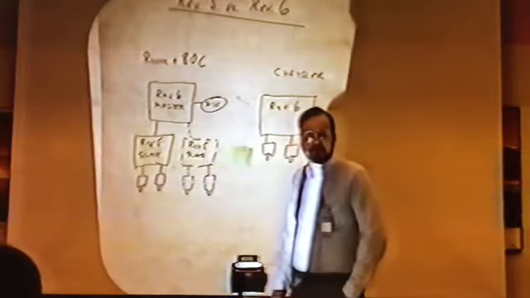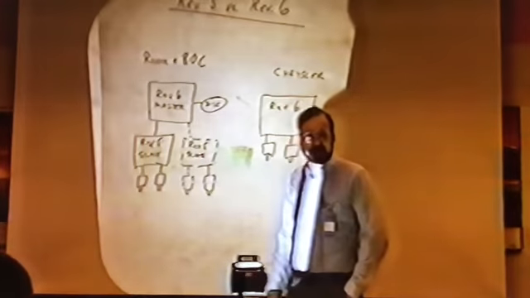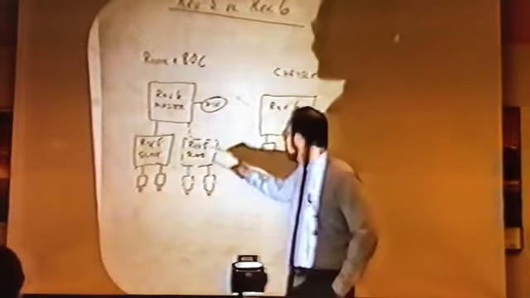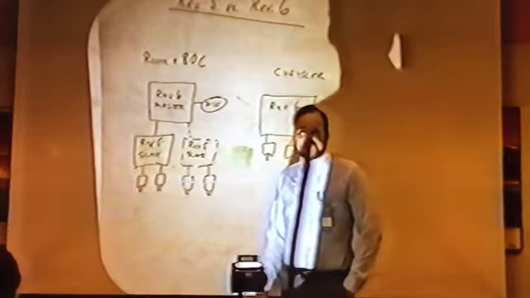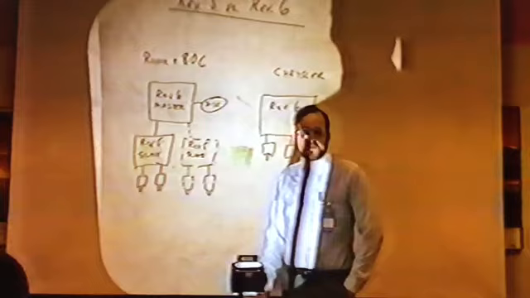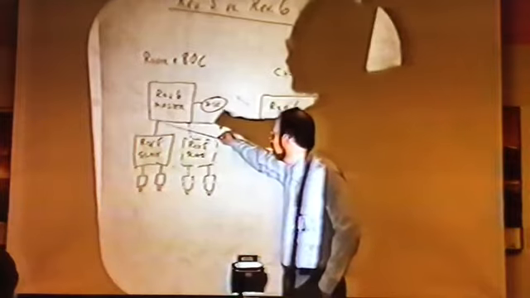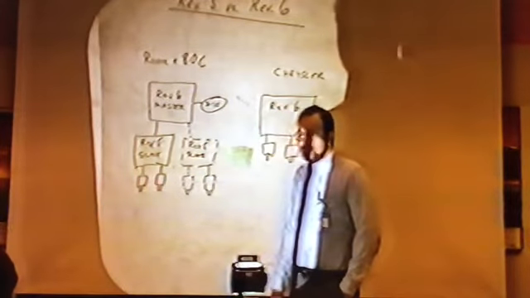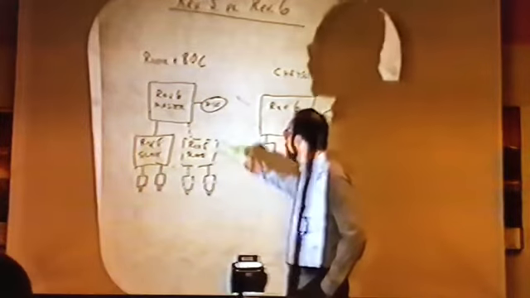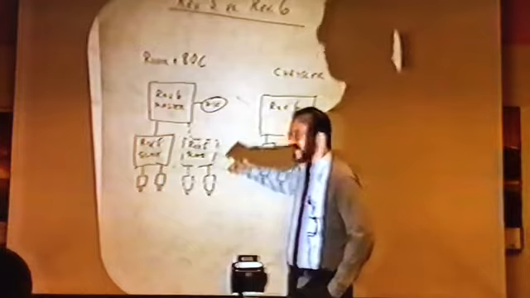The master needed to go to Rev 6 because a Rev 5 master could not handle the communications load of these links right here. It was just impossible with the current Rev 5 communications bandwidth to talk to more than one slave at a time, because this is very, very slow and has quite a bit of CPU overhead. There's really not too much reason why this couldn't have been a Rev 5 master if there'd just been a single slave.